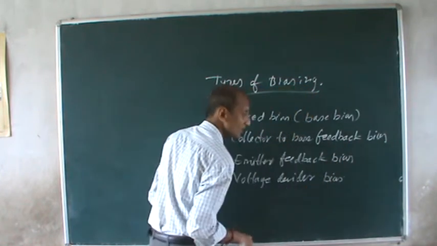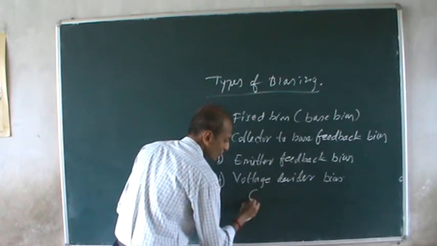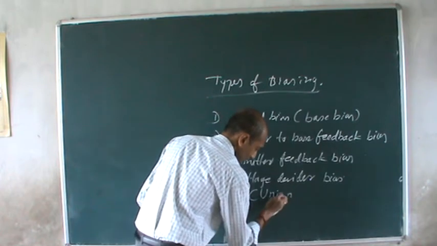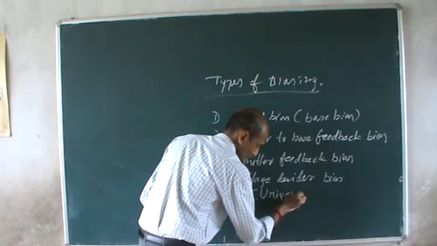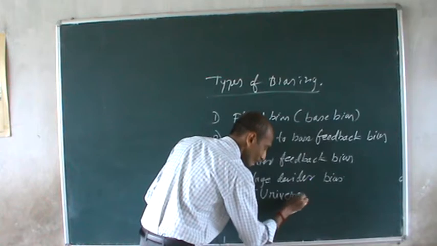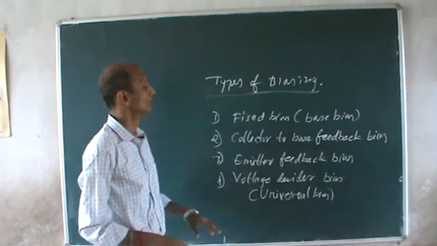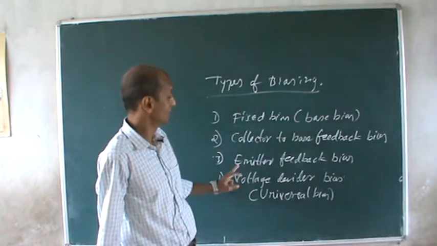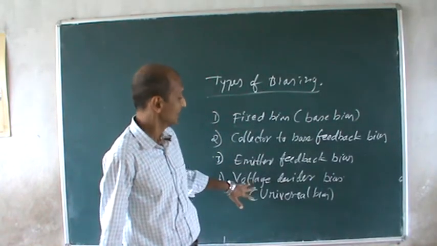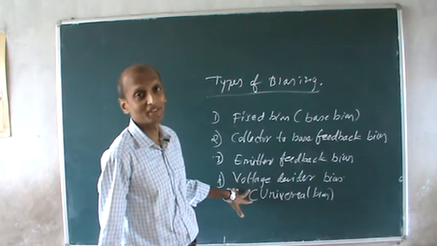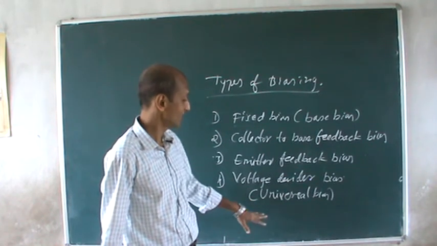This voltage divider bias is called what? It is called universal bias. Out of the four bias types, the voltage divider bias is very important and widely used, that is universal.